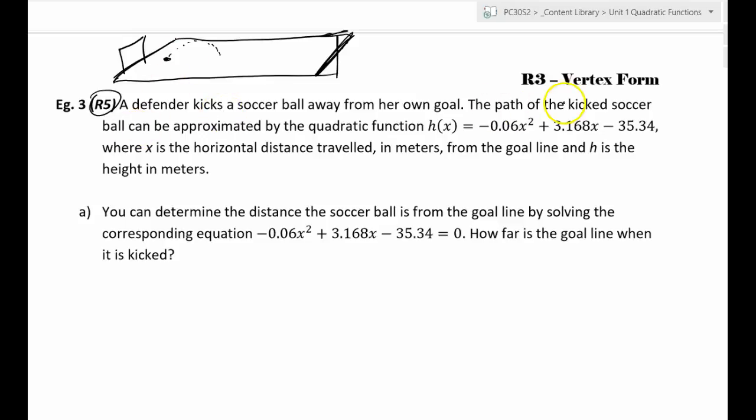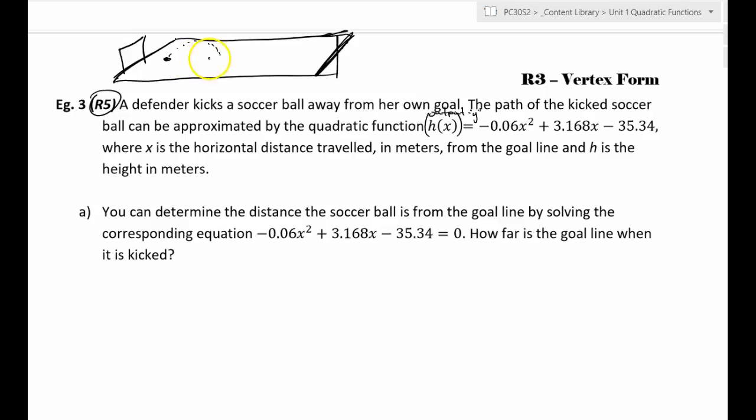The path of the kicked soccer ball can be approximated by the function h of x. So remember, this is all your output, or your y if you want to call it that. And they give you the equation where x is the horizontal distance in meters from the goal line.